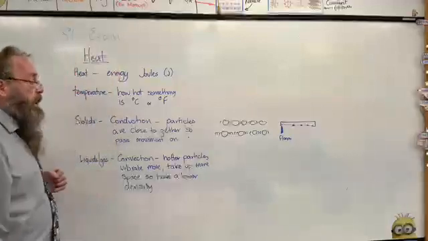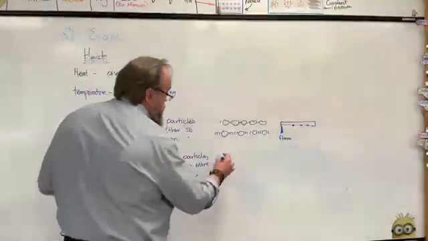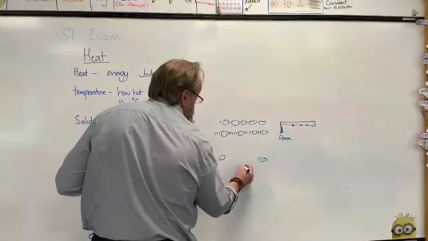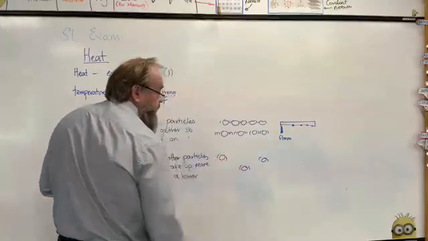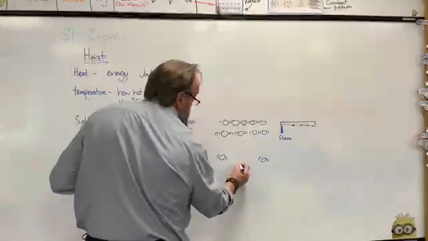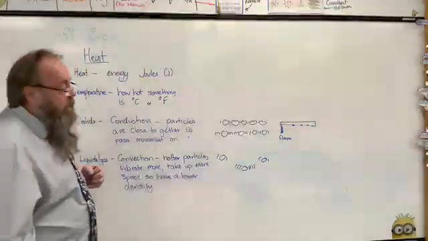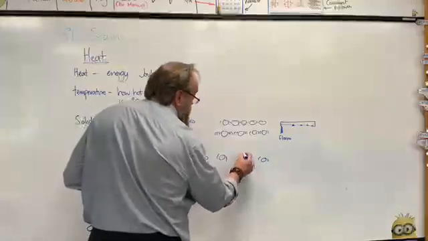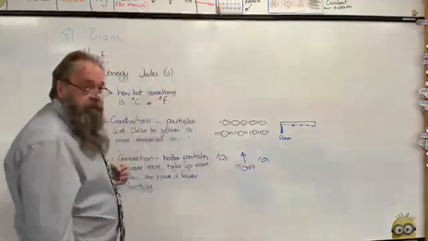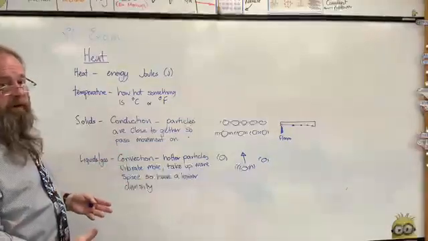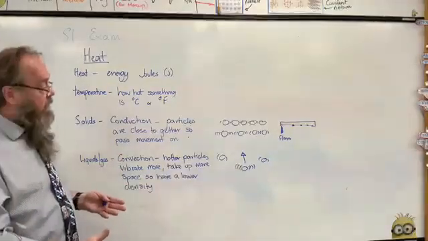When we're looking at convection, this time we've got the particles are wider apart. If I make that particle hotter, it's taking up a lot more room, so that particle will rise. Okay, as that rises, colder ones will come in to gain their fair share of the heat.